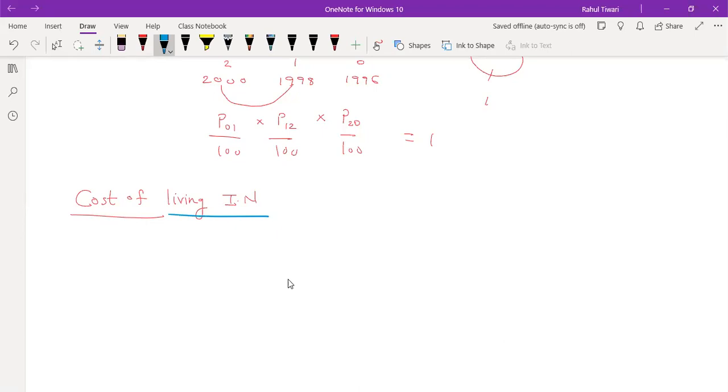You can understand, as the term says, cost of living again varies from place to place and time to time.